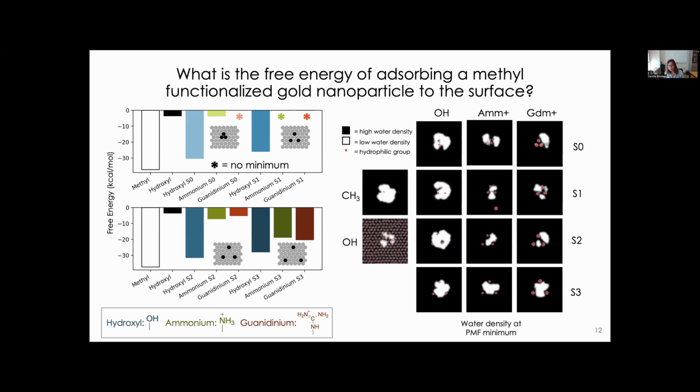And so this left us thinking, maybe the reason guanidinium appears to be a bit more hydrophilic compared to ammonium is actually just because it's bigger. And so maybe the footprint of the nanoparticle on the ammonium surfaces is just a little bit bigger because it can reach the surface a little bit better.